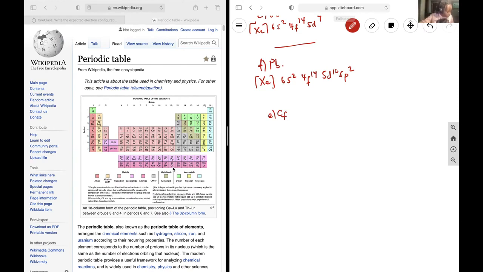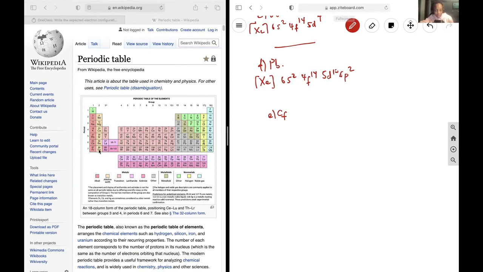The f block comes before the d group when you're listing them down. Because we technically have not hit the d group yet, we're just going to have the s group. It is in this second row, so it's going to be in period 7.